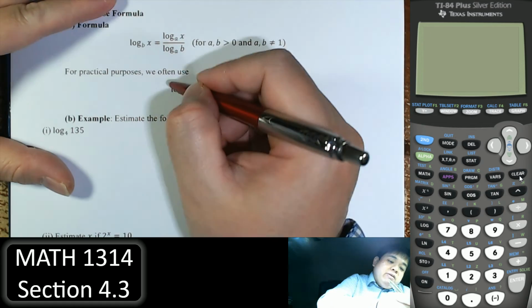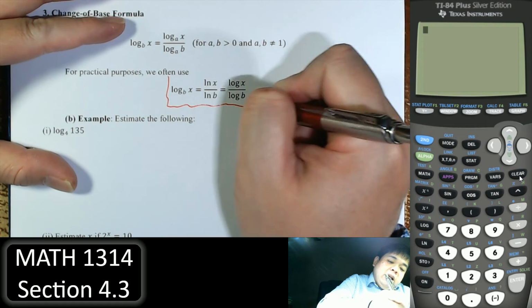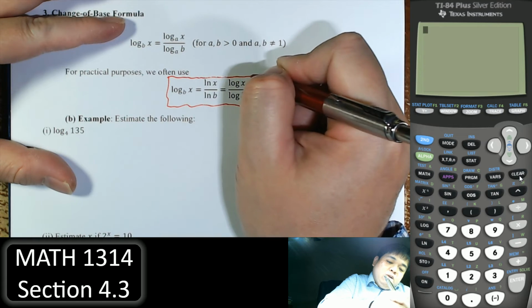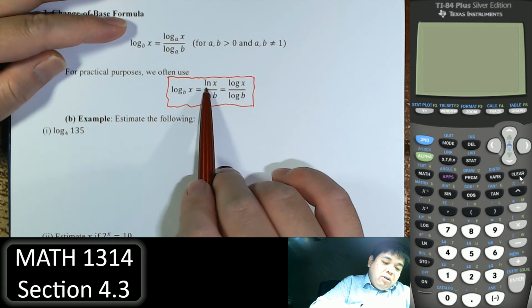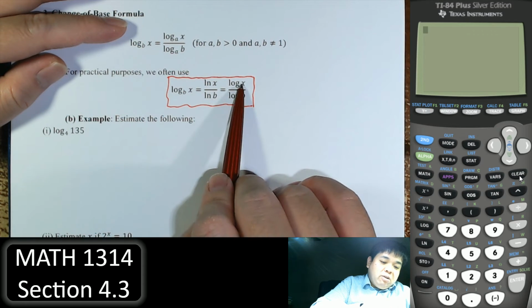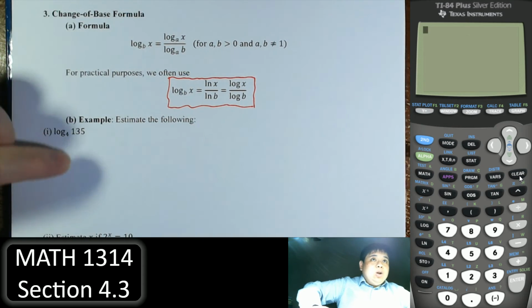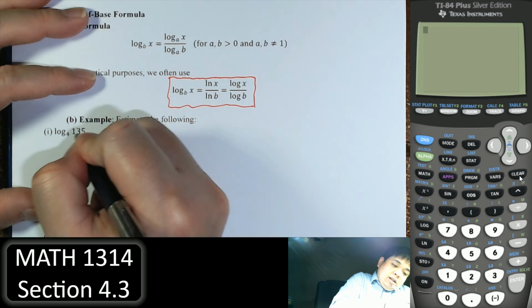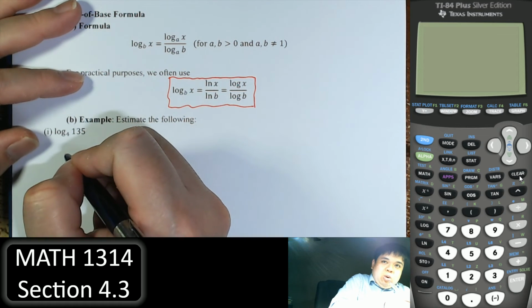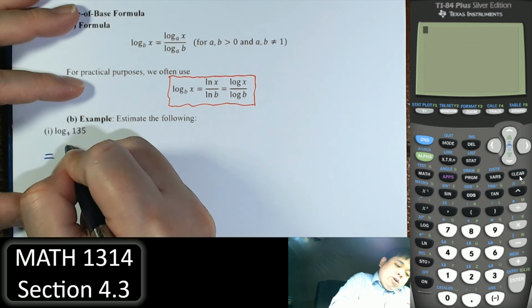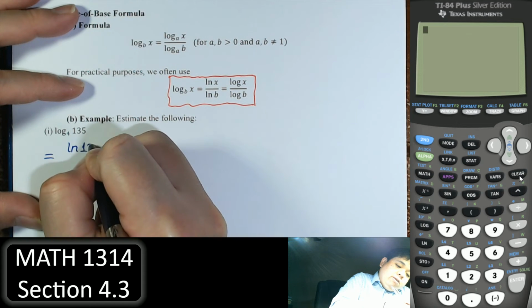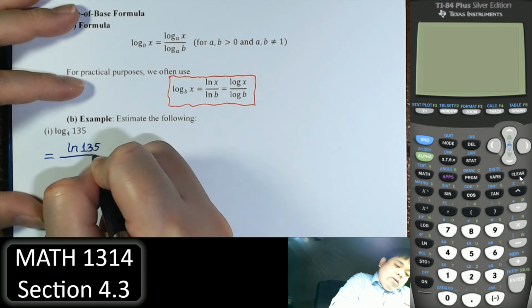But since we have the calculator of the common log and the natural log, we usually just use this. Log base b of x is ln of x divided by ln of b, or log of x divided by log of b. So in this case, if we want to estimate log base 4 of 135, we would say this is equal to ln of 135 over ln of 4.